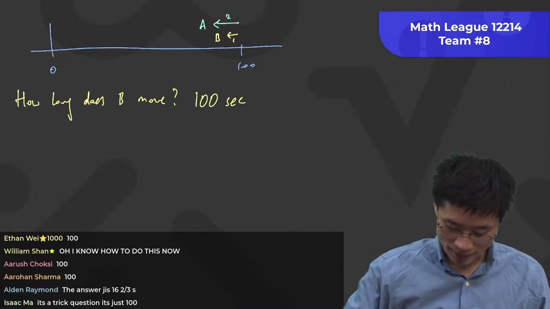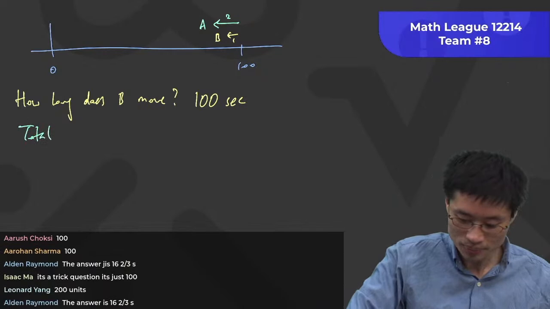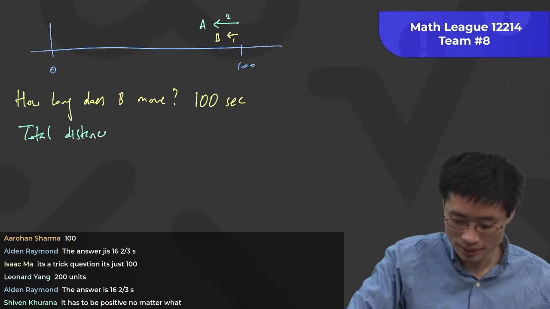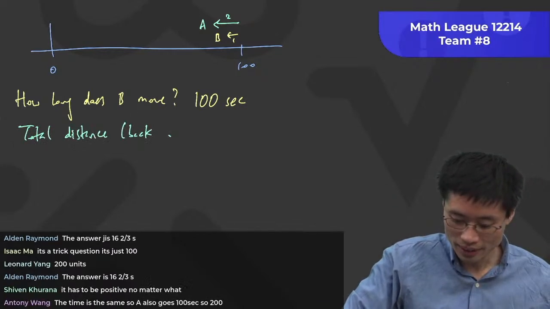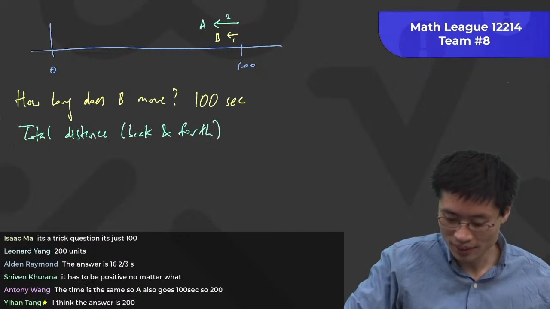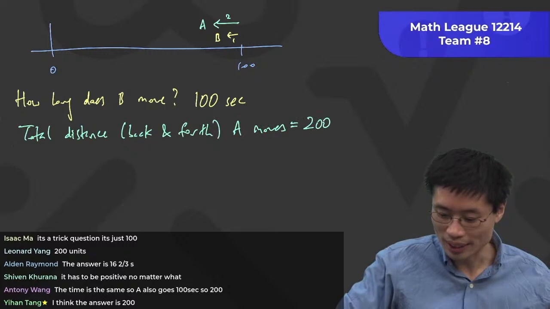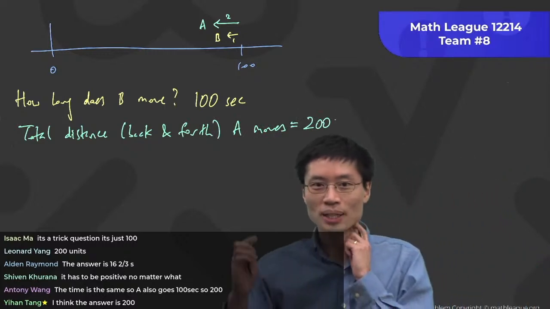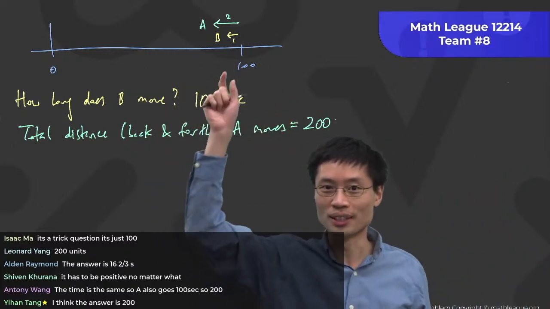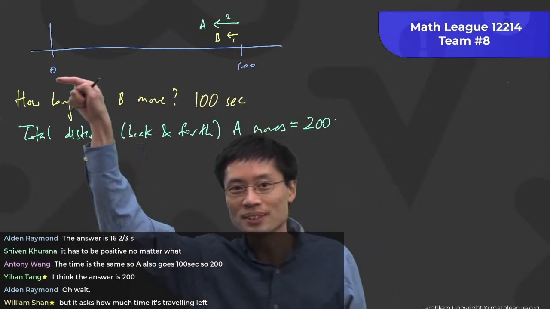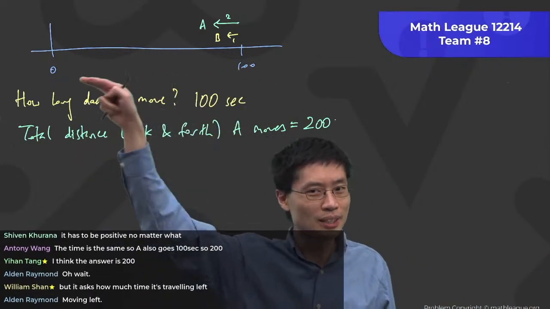Okay. So what that means is that the total distance back and forth A moves is equal to 200 units. But if A moves 200 units total, it has to have a net movement of 100 to the left, right?